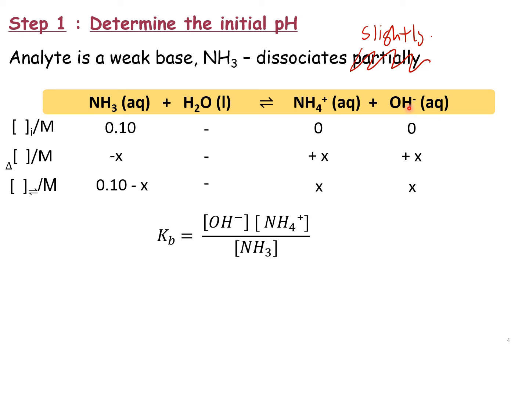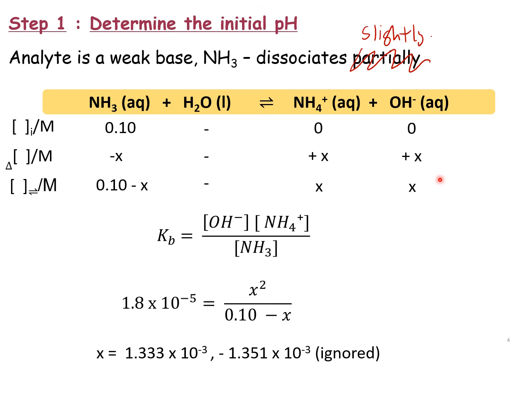So, awak dah boleh tune dah kepala awak. Ada OH minus, so kita akan kira pOH. pH adalah 14 minus pOH. Kiranya itu sebagai guidance awak untuk jawab soalan ni. So, masukkan and then find the value of X. You should get the value of X as this.